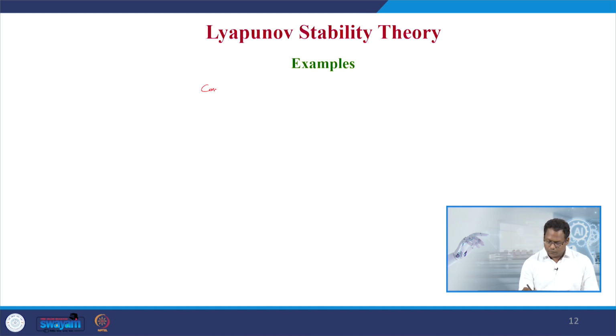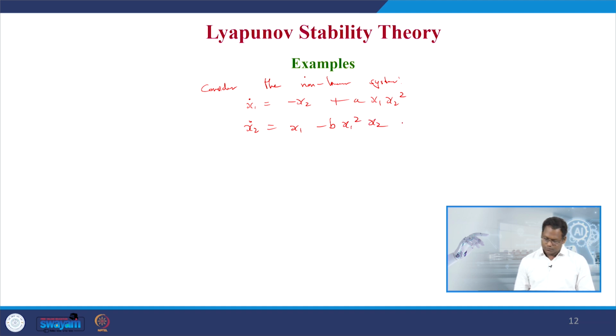Consider the non-linear system given by x1 dot equal to minus x2 plus a x1 x2 square and x2 dot equal to x1 minus b x1 square x2, with a not equal to b.